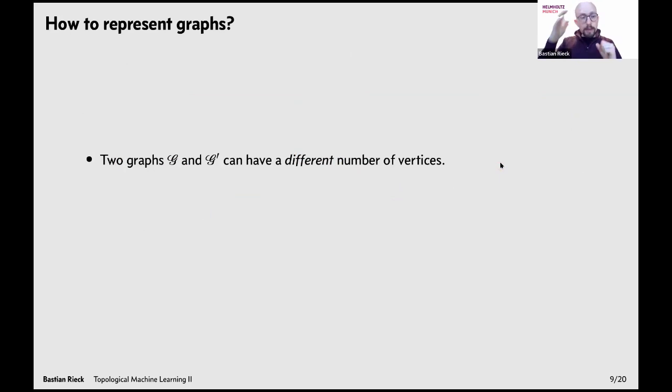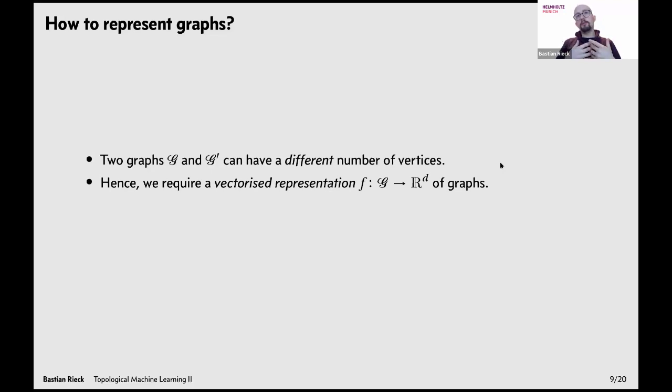Now, let's pick up the pace a little bit and discuss rather, suppose we have a nice graph and a good graph learning task. How do we actually represent graphs? And this is where things get interesting, because two graphs in general have, of course, a different number of vertices and a different number of edges, right? But this means that to really work with them in a machine learning setting, you need a way to vectorize them.